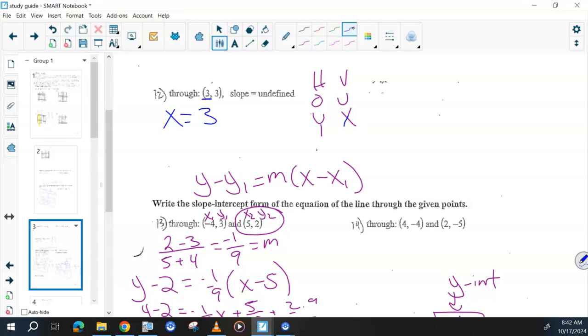You cannot put undefined in your equation, because undefined is a vertical line that's x equals. 11 is very much like the ones we've been doing. So let's move on to parallel and perpendicular.